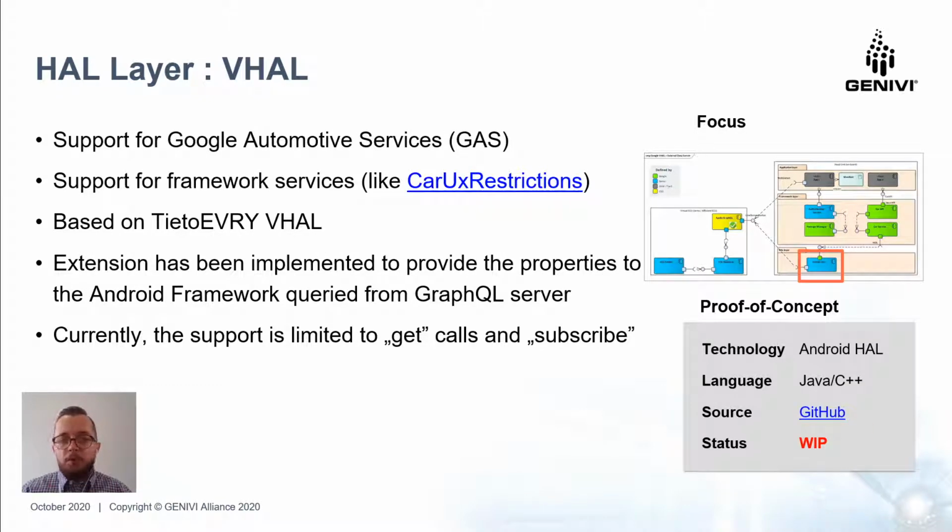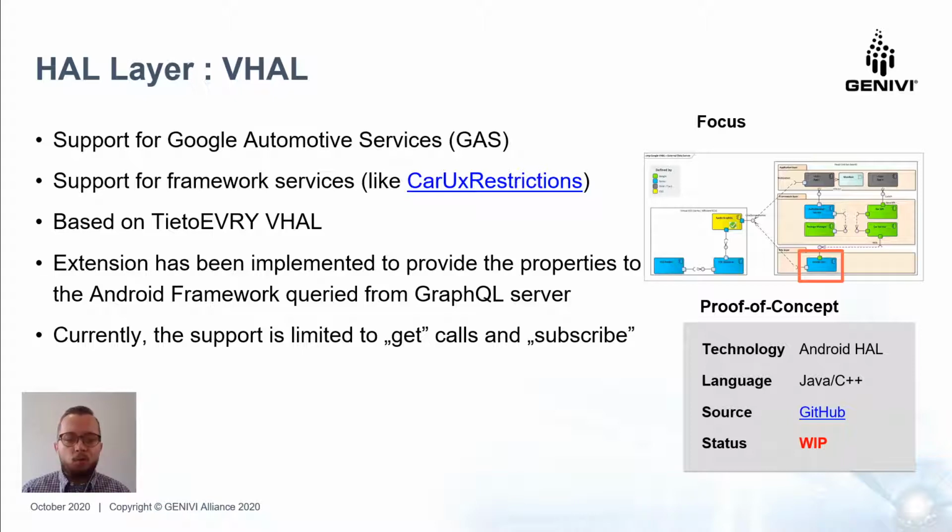Another framework component is the one that the Android framework uses: the vehicle HAL. Here we used a draft implementation from Tieto of the vehicle HAL that provides the possibility to write a plugin that fits only a subset of the properties required by the framework.